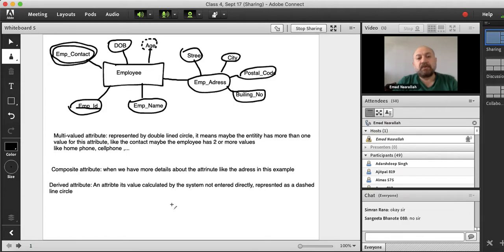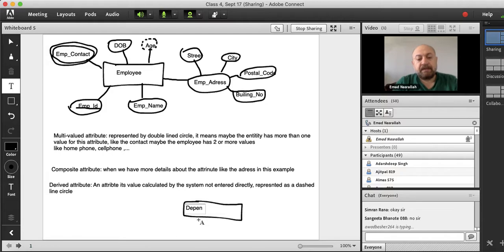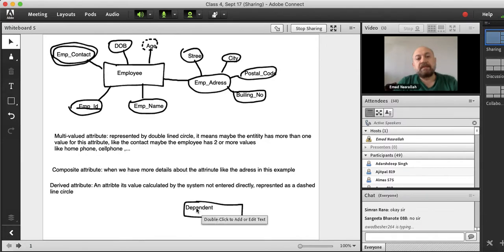I will draw here another entity set and I'll call it dependent. The dependent means people who are related to the employee.